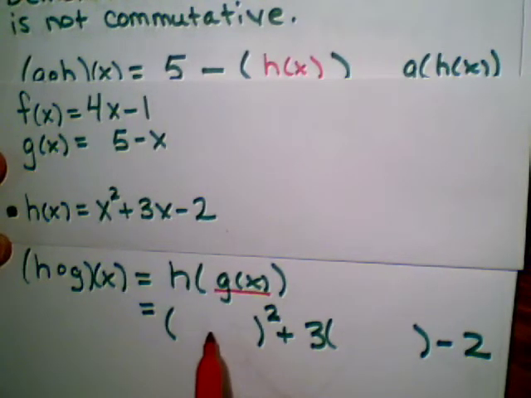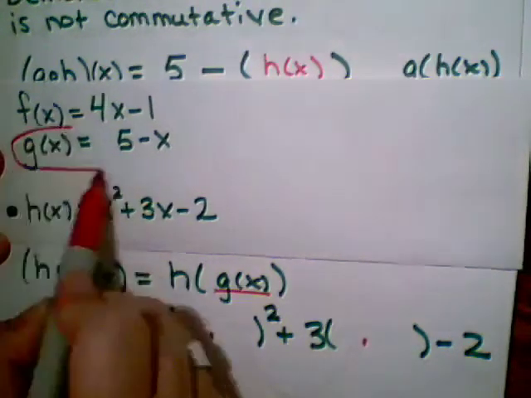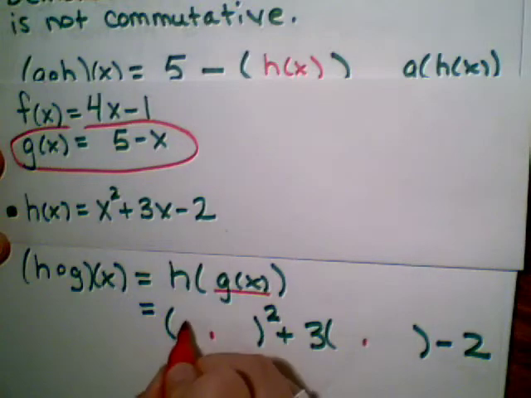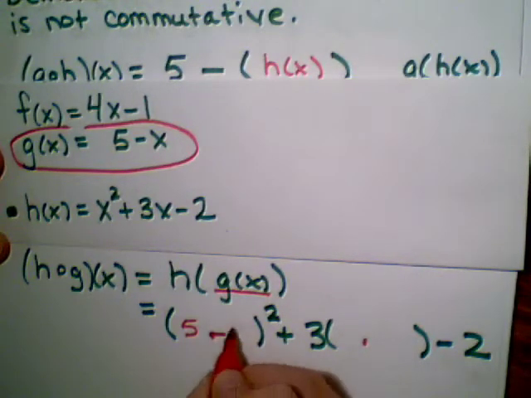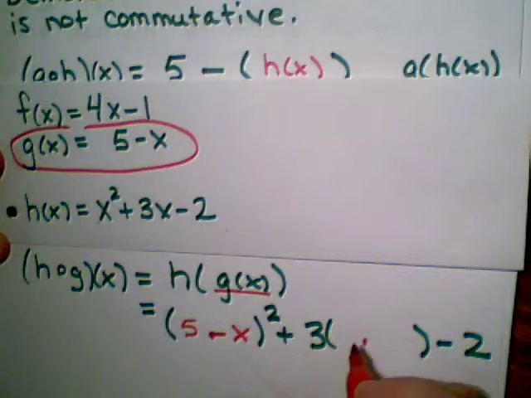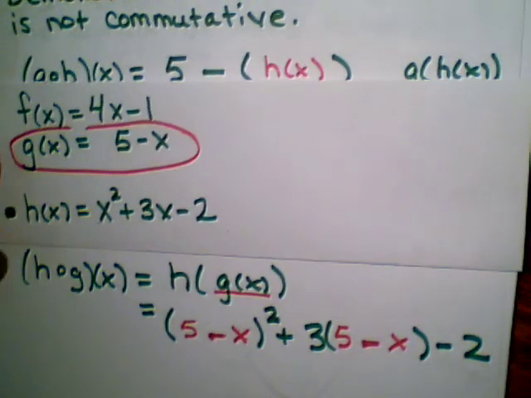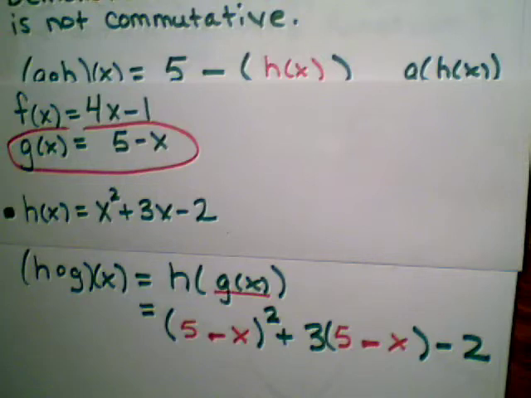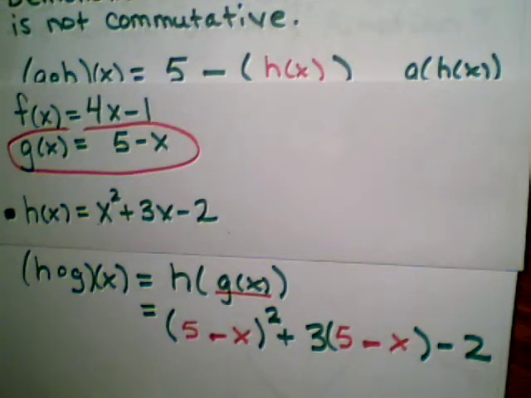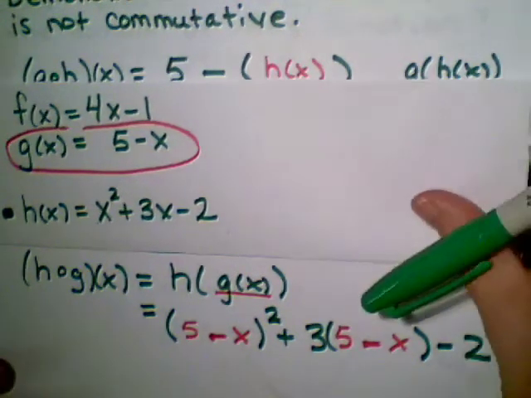So we want to take g of x squared plus 3 times g of x minus 2. Here's g of x. We need to record 5 minus x, the quantity squared, plus 3 times 5 minus x minus 2. You might want to pause to do the simplification. We're simplifying in this case so that we can compare with our previous answer.